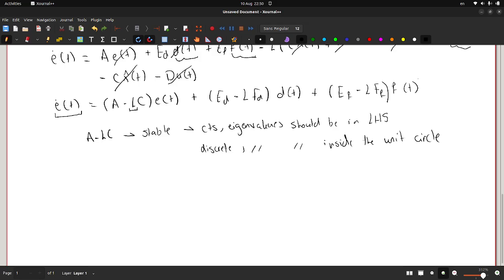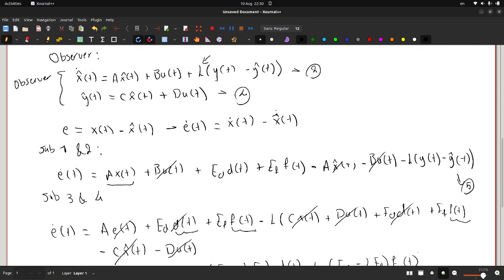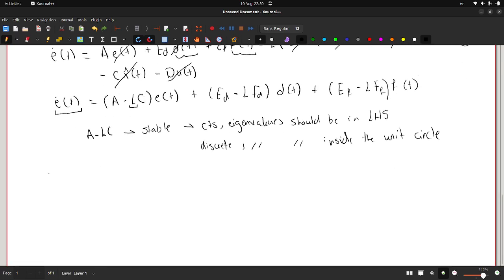Now we know we designed L so that we have x of t and x hat of t similar. Now we want to actually design the residual signal, which we can design as w times y of t minus y hat of t.